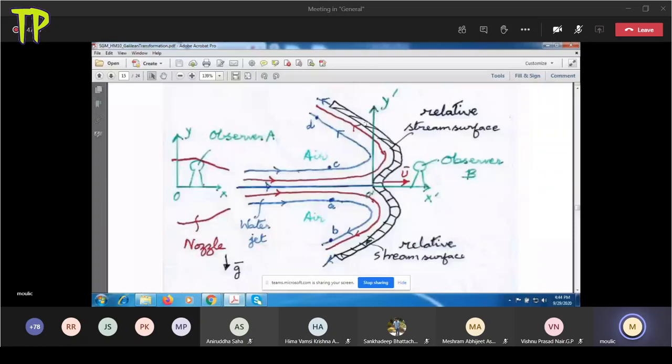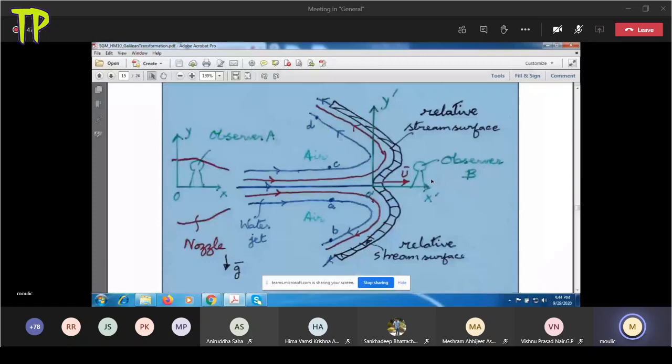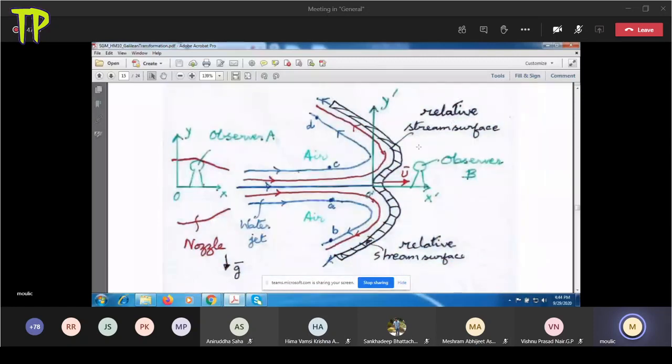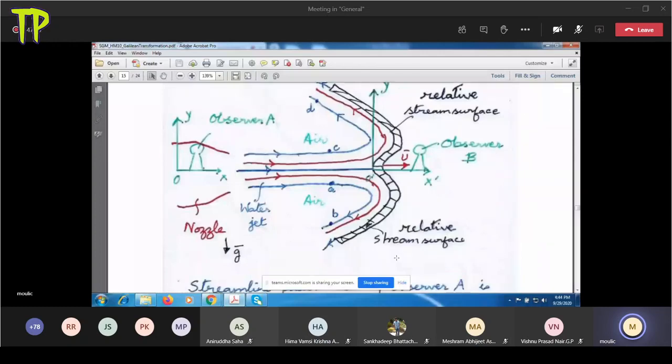So you can see that this surface, the wetted surface of the bucket or vane adjacent to the liquid jet, is a streamline as seen by observer B. So I am calling it a relative stream surface. And this interface between the liquid jet and air, you have air above, you have air below. That is also another streamline because there is no flow normal to it. It is another relative streamline.